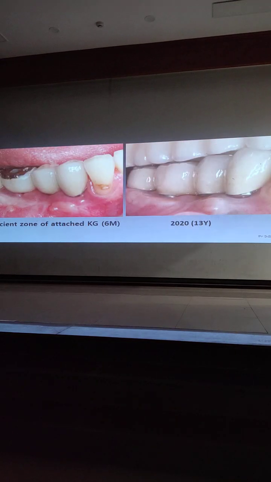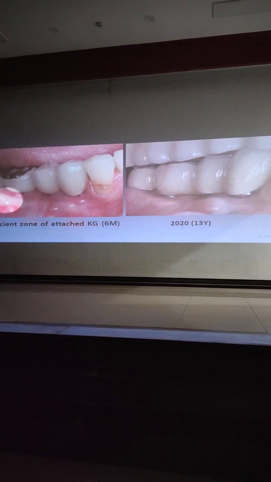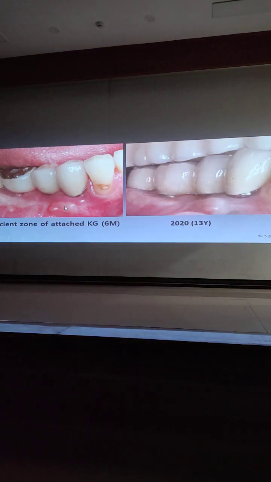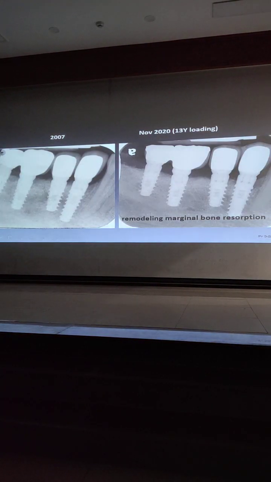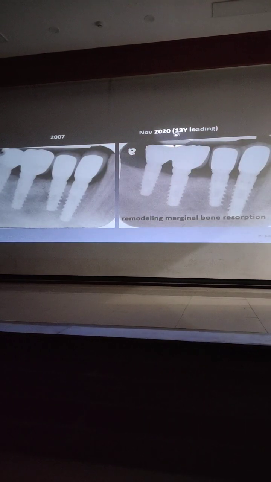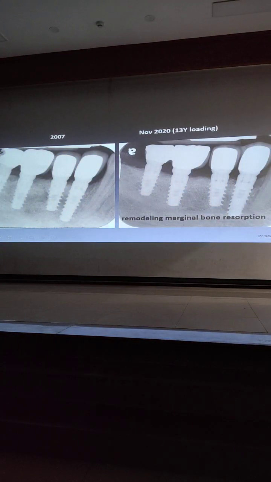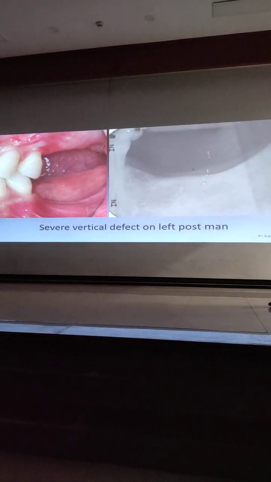So now you can see the sufficient keratinized gingiva attached at 6 months. This is 13 years of loading. The radiogram shows the small remodeling marginal bone resorption around the implants, but it still functions very well.